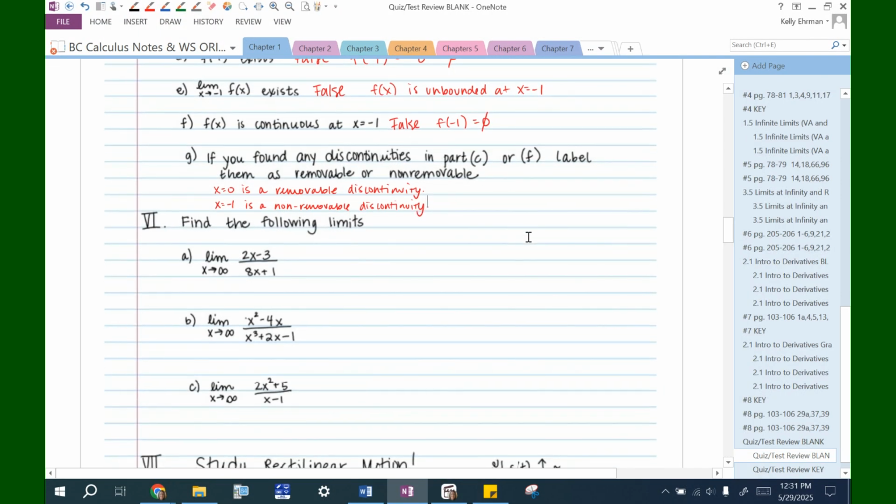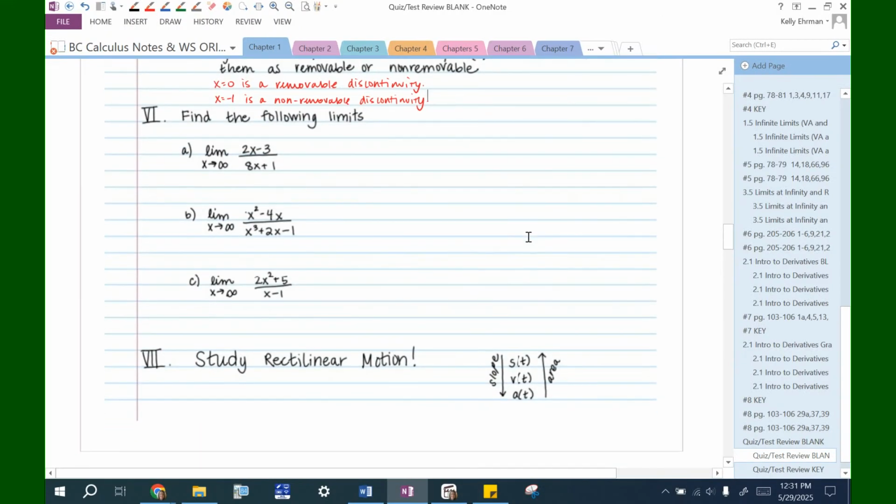All right, find the following limits. These are all limits at infinity, so we should be thinking of horizontal asymptotes. All right, so this is a tie. In the long run, the -3 and the 1 do not matter, and this will basically divide out to be 2x over 4x. So this limit is equal to 1/4, what the horizontal asymptote is.